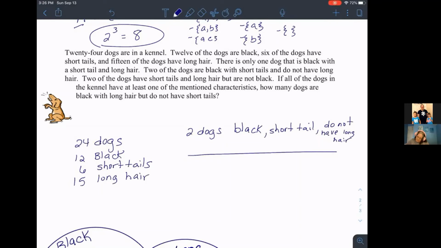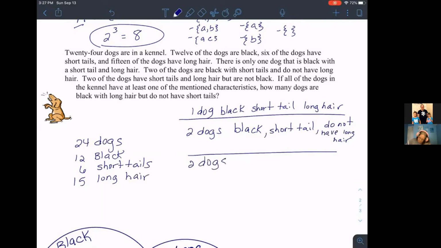Then there's one dog that is black, with a short tail and long hair. And then it says 2 dogs have short tails and long hair that are not black.